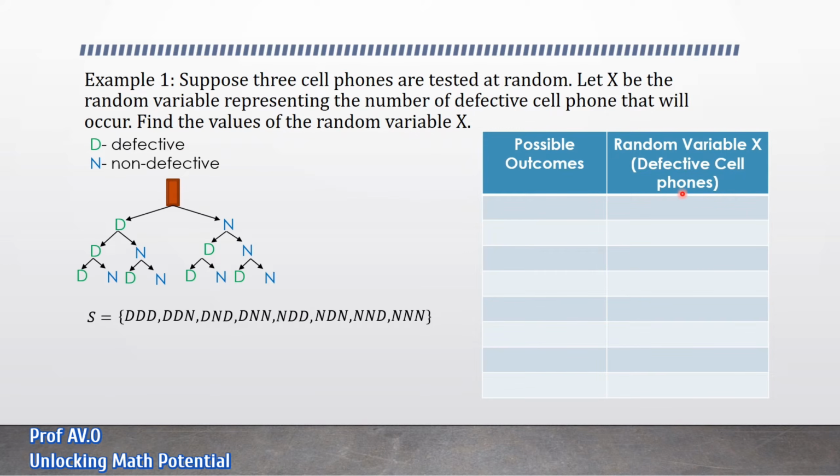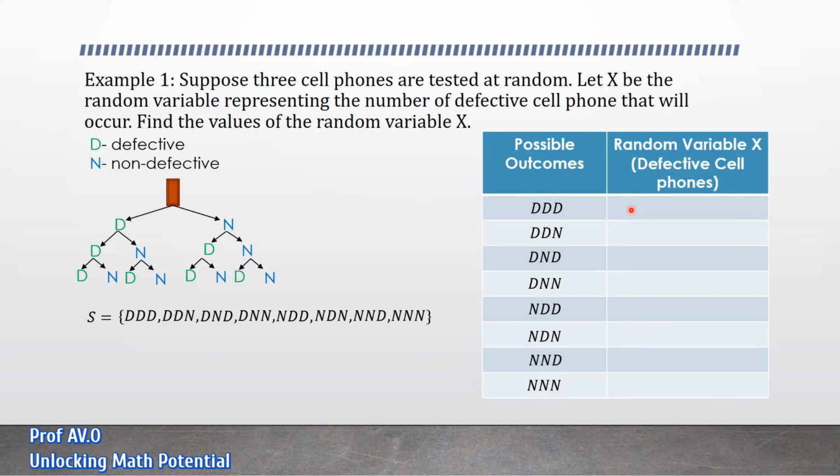And on the second column, we have the random variable x, or the defective cell phones. On our first column, we will just put our sample space: DDD, DDN, DND, DNN, NDD, NDN, NND, and NNN.